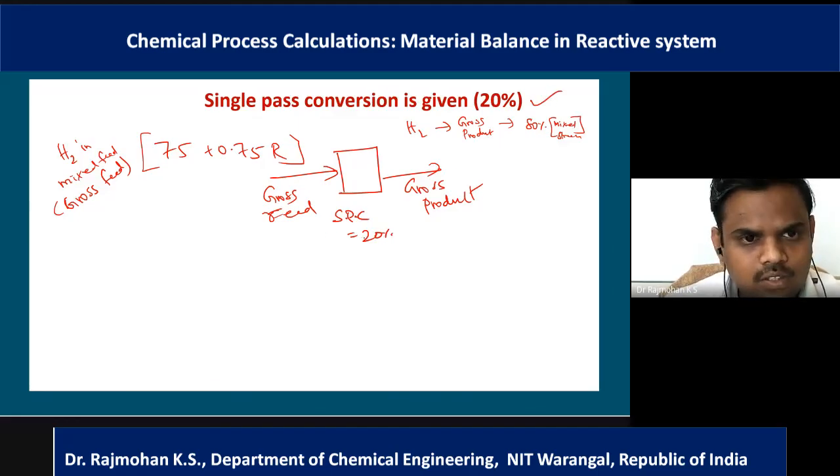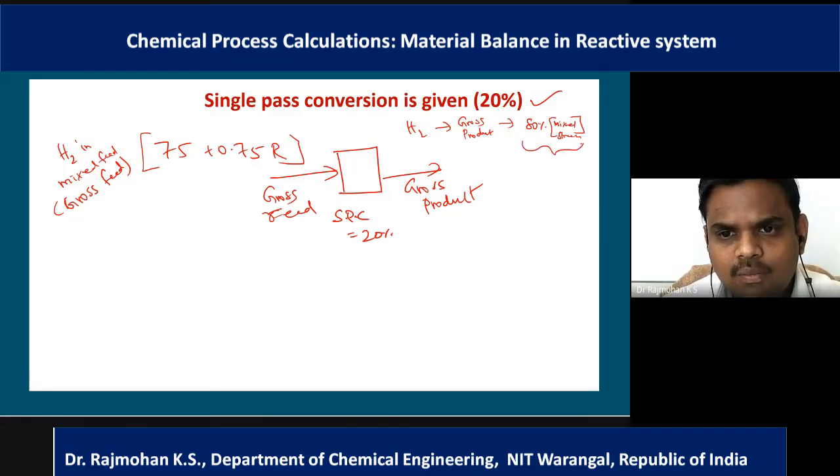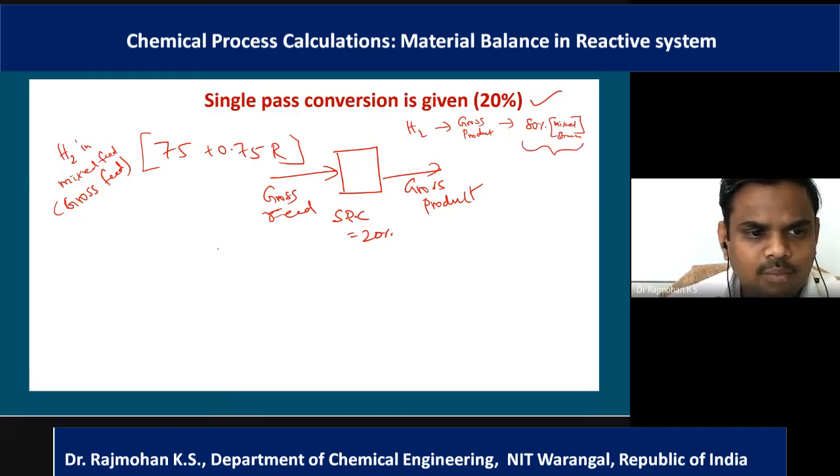It is given that single pass conversion is equal to 20 percentage. That means of the amount of A available, only 20% gets converted into product. So what is the amount of hydrogen remaining in the gross product? It is 80 percentage of the amount of hydrogen present in the feed.